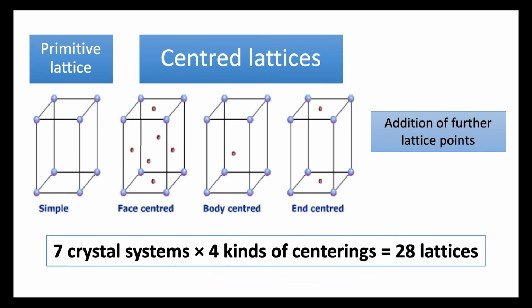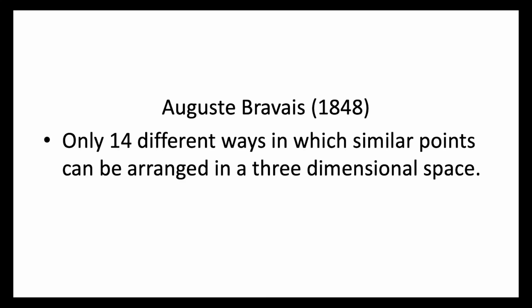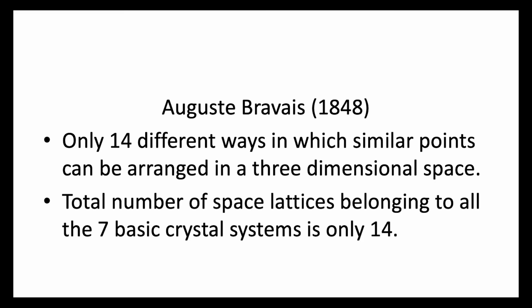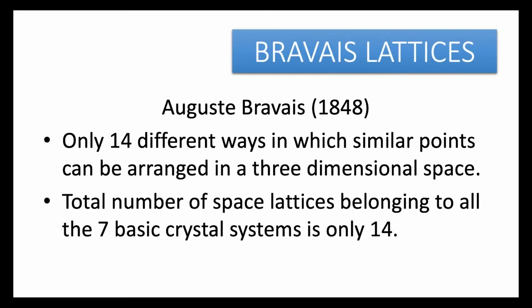Since there are 7 crystal systems and each can have 4 kinds of centrings, there should be a total of 28 lattices. But Auguste Bravais, a mathematician, in 1848 showed that there are only 14 different ways in which similar points can be arranged in 3-dimensional space. His argument was purely based on geometry. That means the total number of space lattices belonging to all the 7 basic crystal systems is only 14.